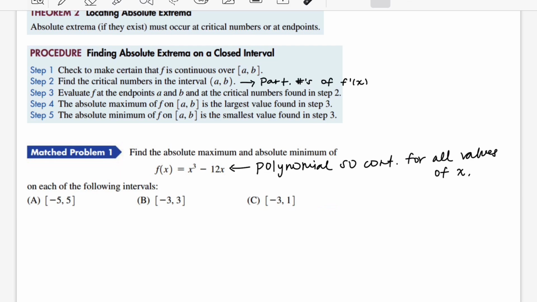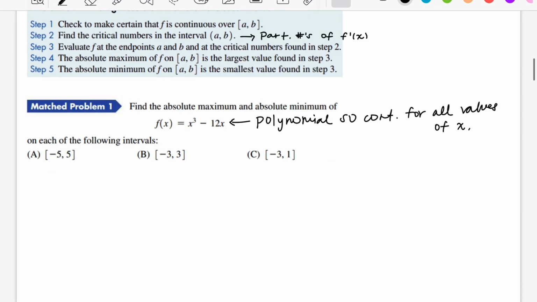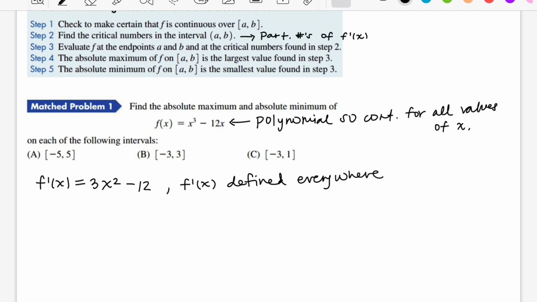All right, now we want to find the critical numbers in our interval. To do so, we're going to first find the derivative of our function and figure out where it is undefined or equal to 0. So the derivative of our function is 3x squared minus 12. Okay, just using the power rule there. Notice that this is again a polynomial, so it will be defined everywhere. So we just want to figure out when it will be equal to 0.